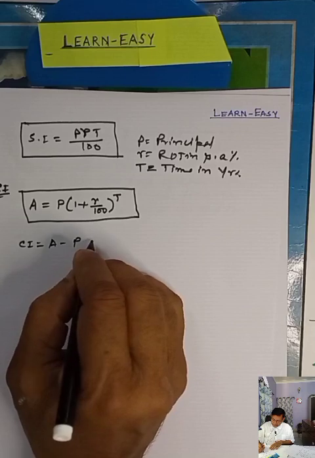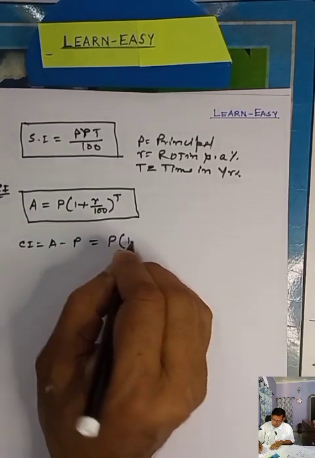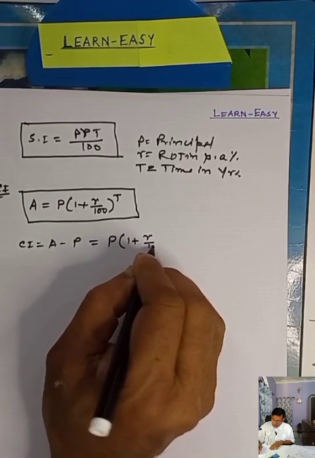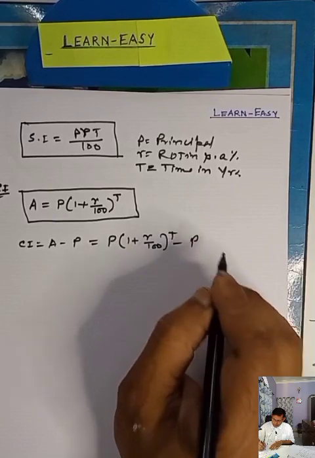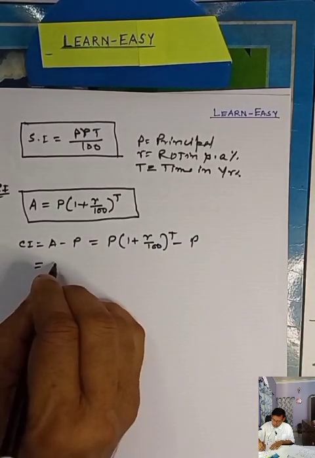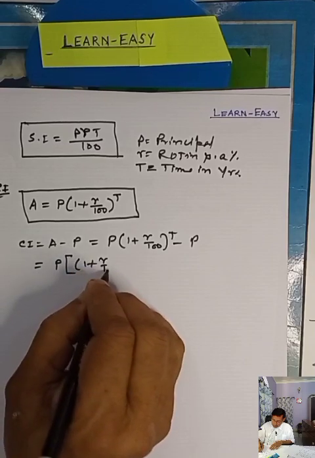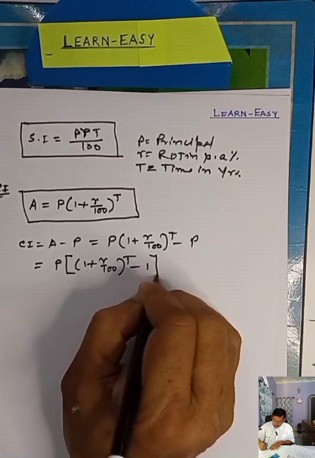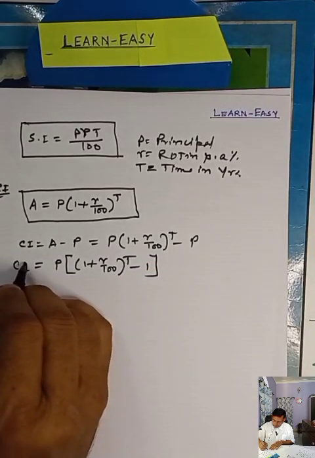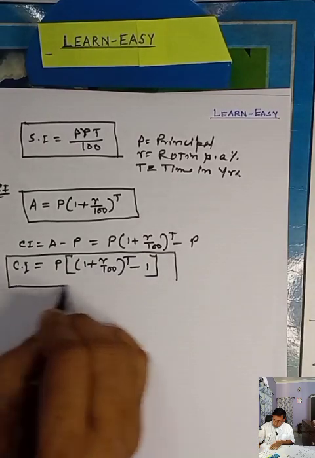So if I put P into 1 plus R by 100 to the power T minus P, is equal to P common, 1 plus R by 100 to the power T minus 1. This is the formula for compound interest.